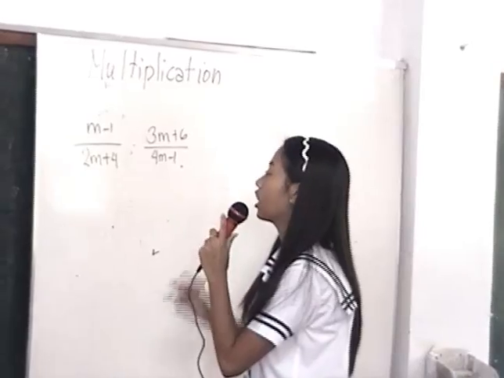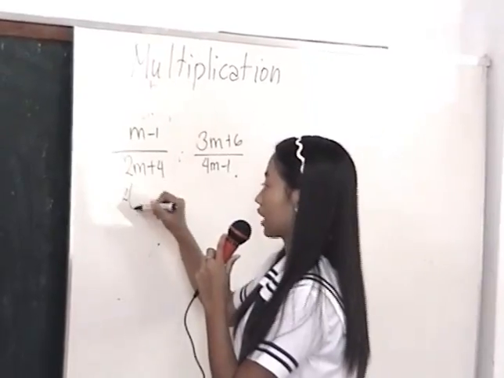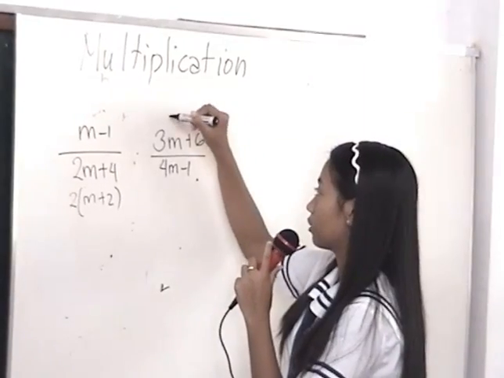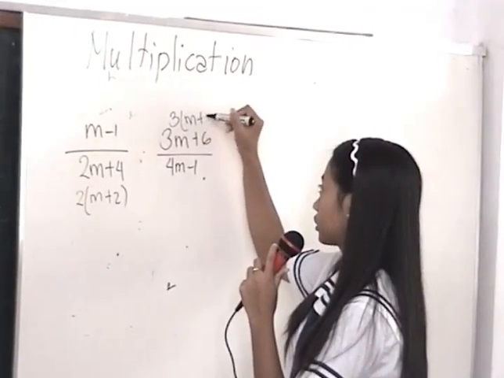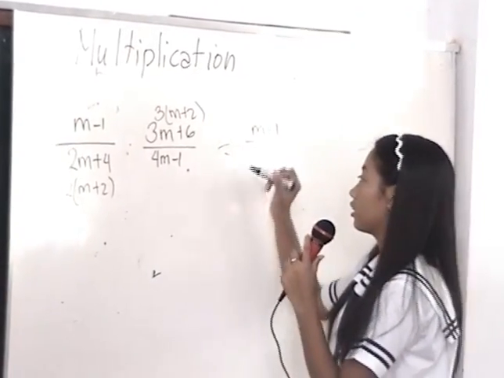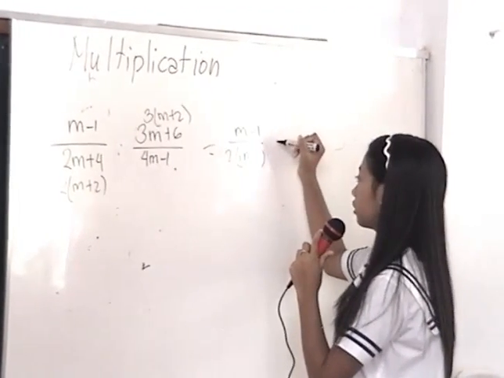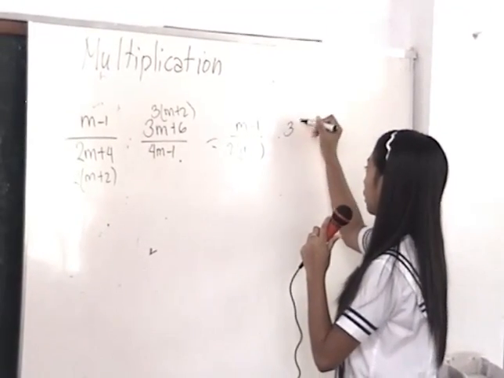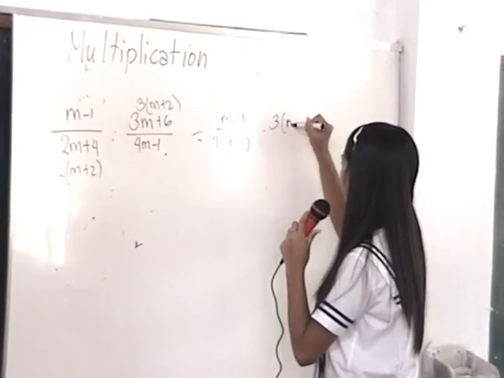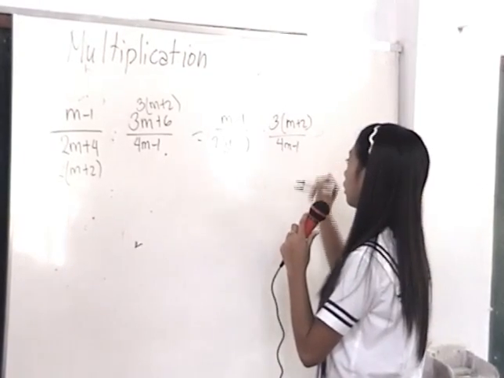From this expression, we can get the factor of 2m plus 4 as 2 times m plus 2, and the factor of 3m plus 6, which is 3 times m plus 2. We have m minus 1 over 2 times m plus 2, times 3 times the quantity m plus 2 over 4m minus 1.